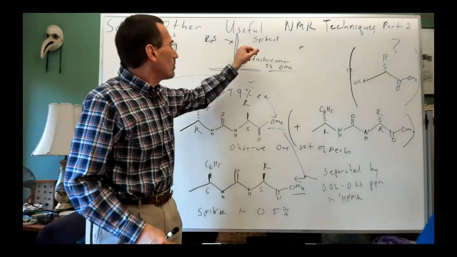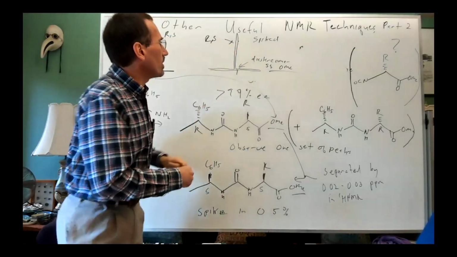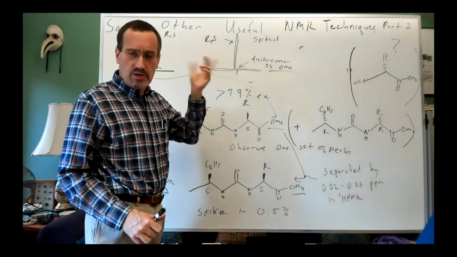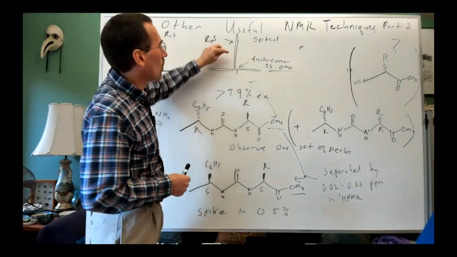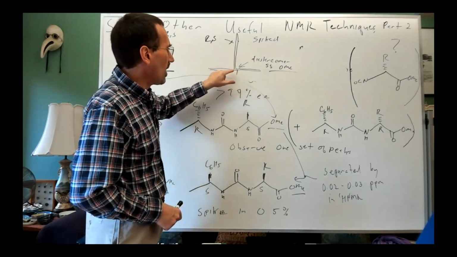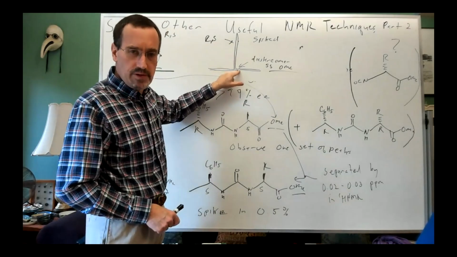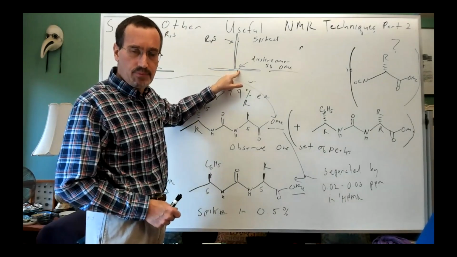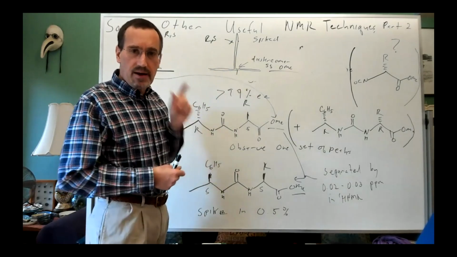And remember, normally a peak is about maybe 1 hertz, slightly more than a hertz, maybe 1.2 hertz wide. So if you've got a separation of a couple of hundredths of a ppm, at 500 megahertz, that separation is about 10 hertz.